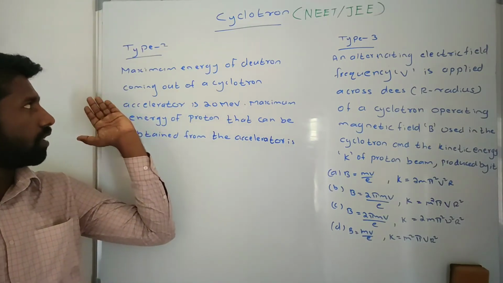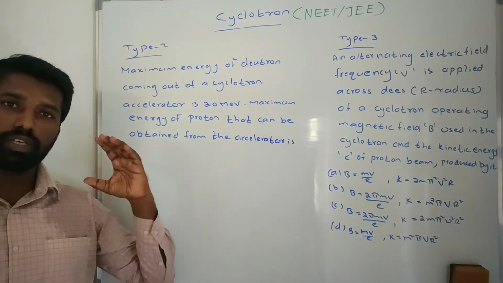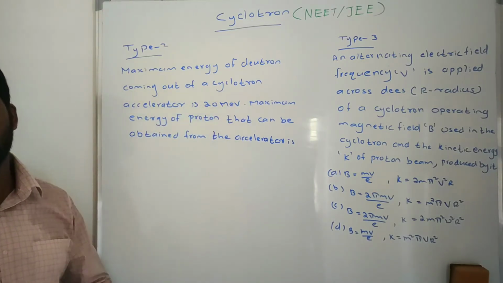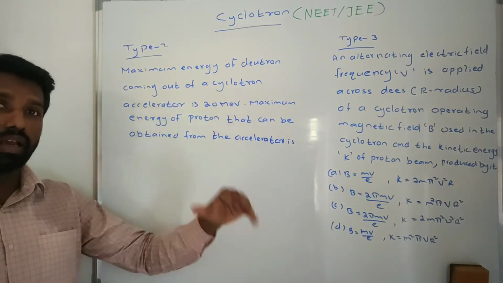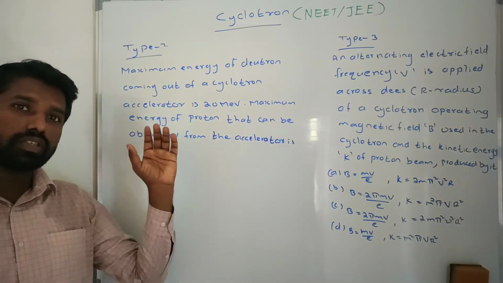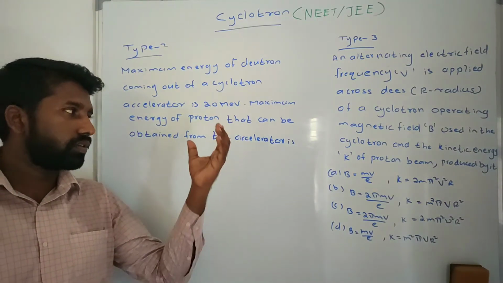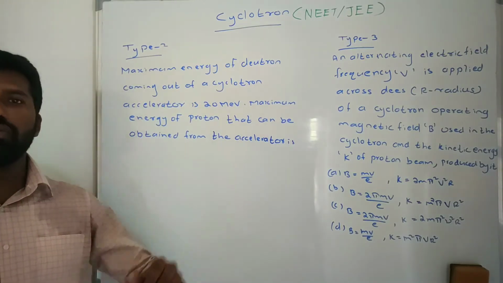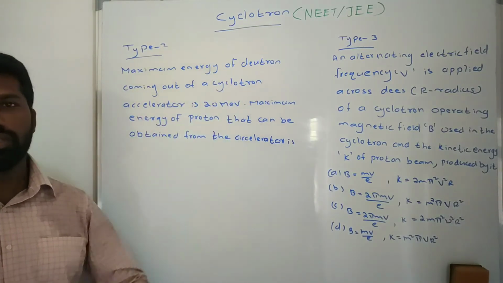They have given us a neutron coming out from a cyclotron having maximum energy 20 mega electron volt. From the same accelerator, if a proton is coming out, how much will be the energy?